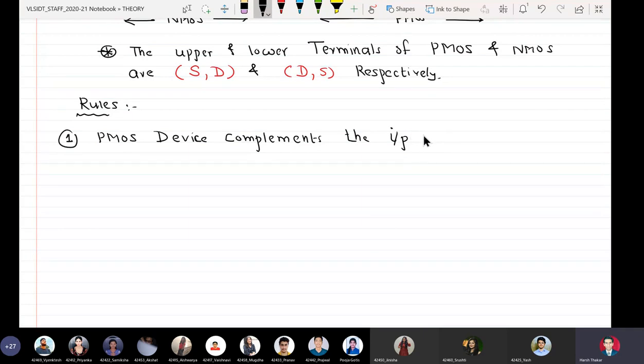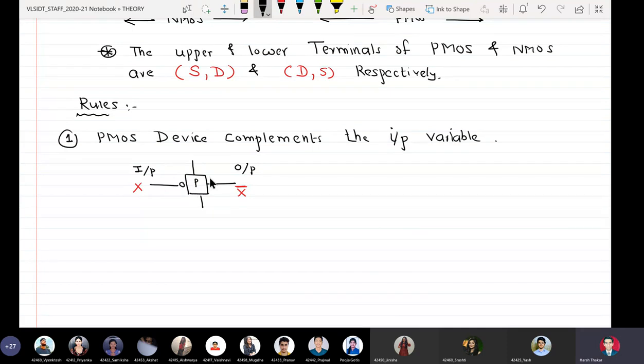We know that we have Boolean variables. So I say PMOS device complements the input variable. That means if I have a PMOS device here, so I'll be drawing the symbol here. So naturally you always apply the input variable to the gate and on the other side you get the output, right? So if I apply X here, I get an X bar at the output.